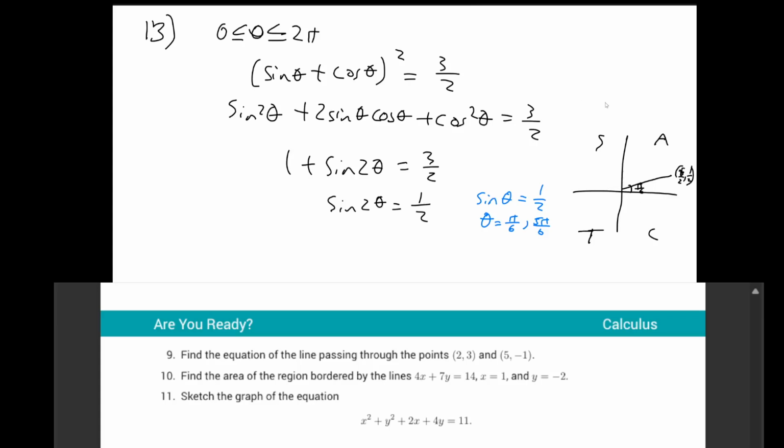So 1/2 is positive, so of course here, which would be 5 pi by 6, would be negative square root of 3 over 2 because we're on the negative side of the x-axis, then 1/2. So that's the thing, again, draw a simple picture if you just need a moment to think about what theta has to equal for sine of theta to equal 1/2.